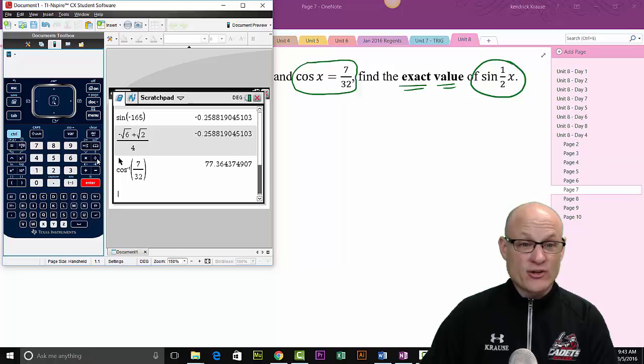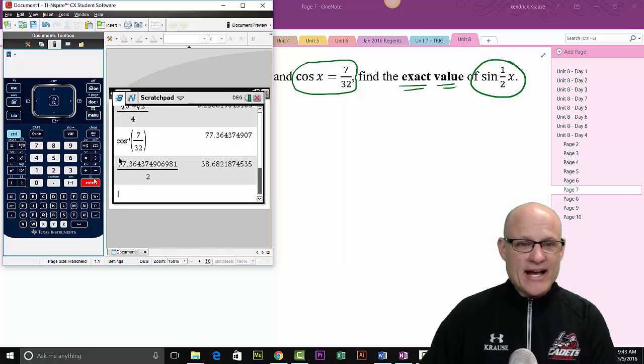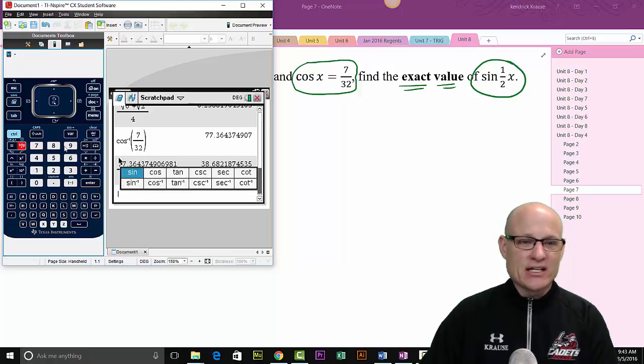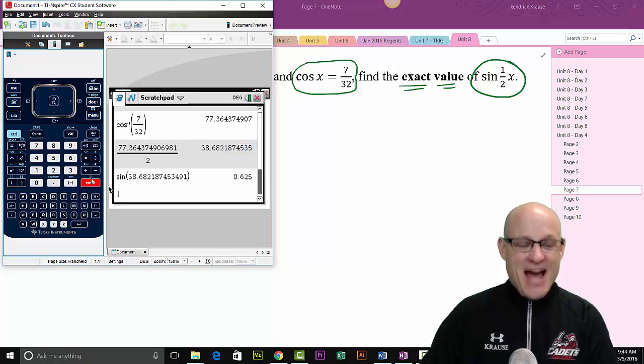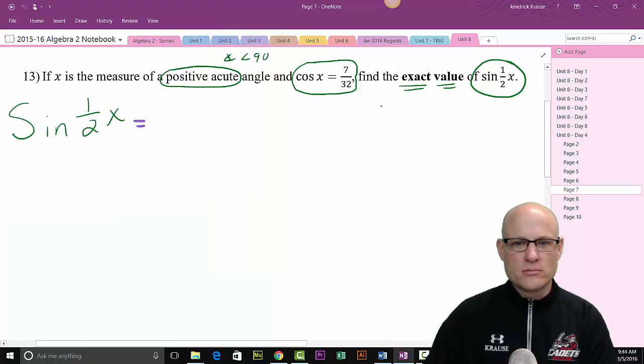I want half of that, so I'll divide that by 2, and I get that. Then I'll take the sine of that, and I get 0.625. There's my answer. No decimals, dummy.